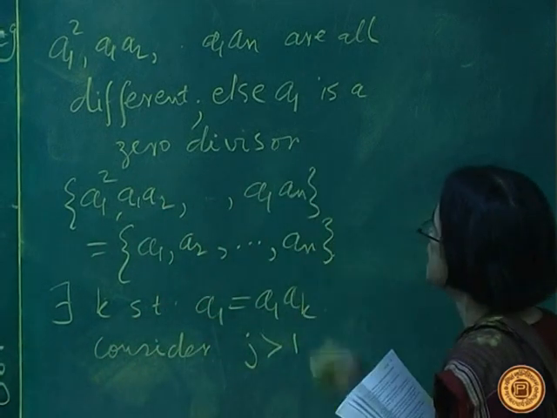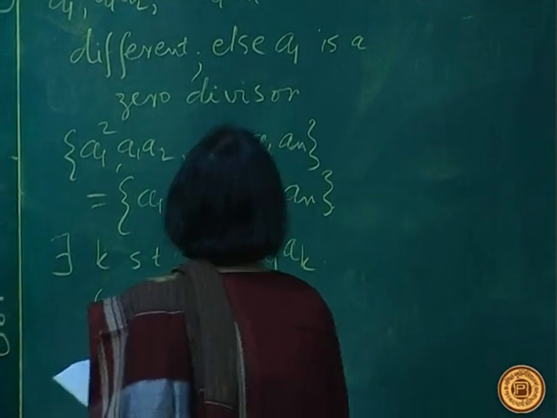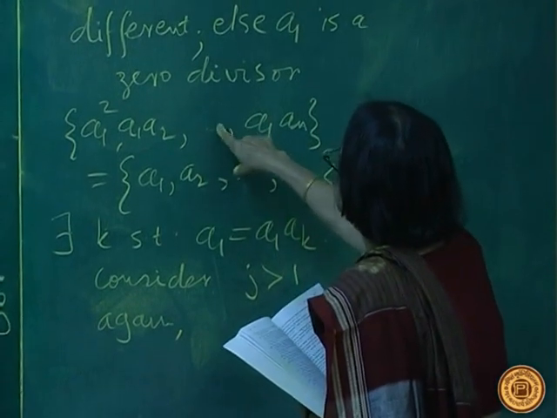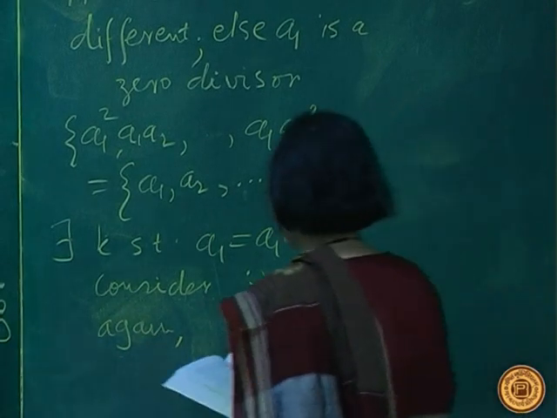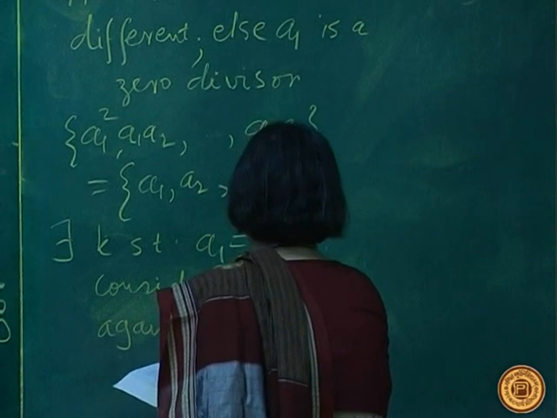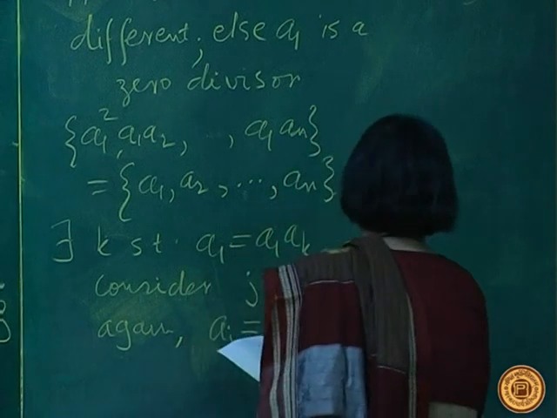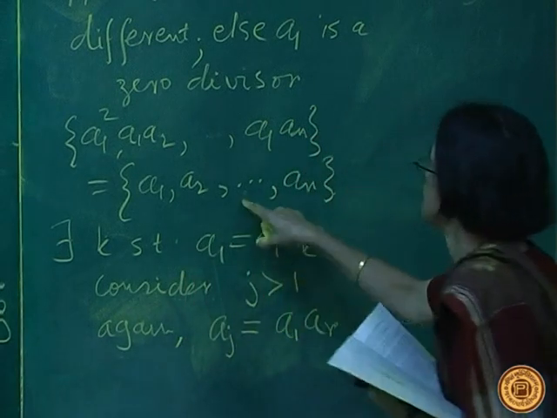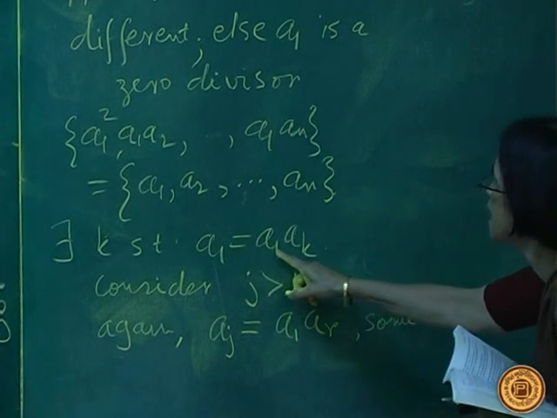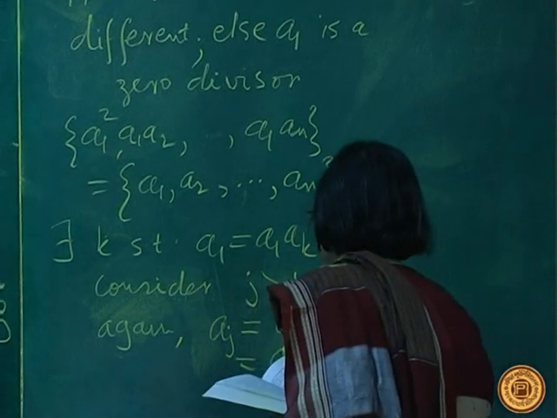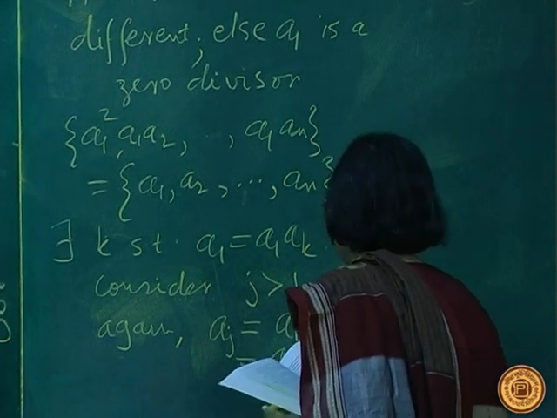So this J is somewhere here. Again, this J must appear here. AJ is equal to A1 into AR for some R. But I know that A1 is A1 AK. So this is equal to A1 AK AR and the ring is commutative.